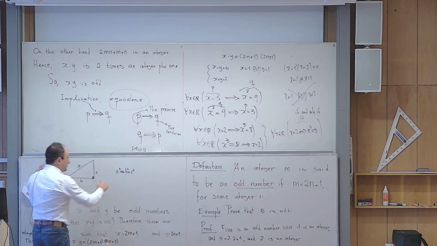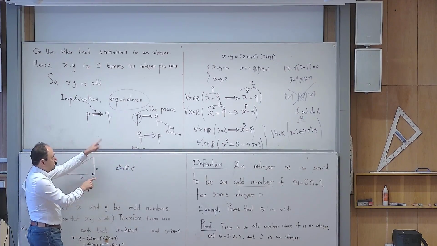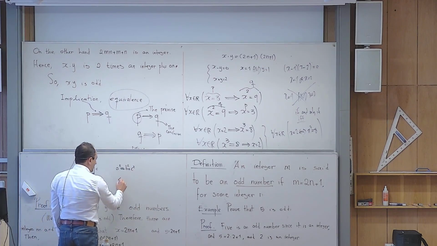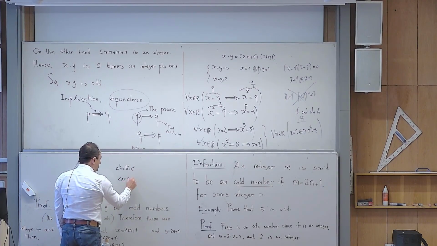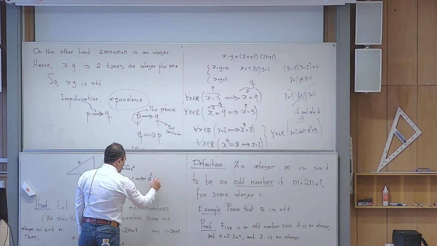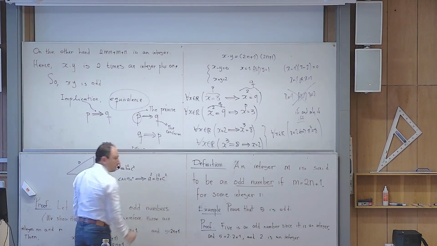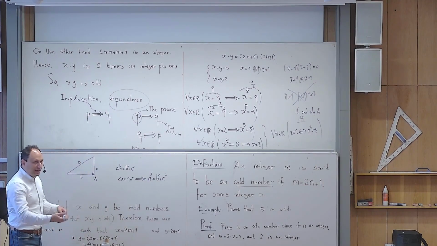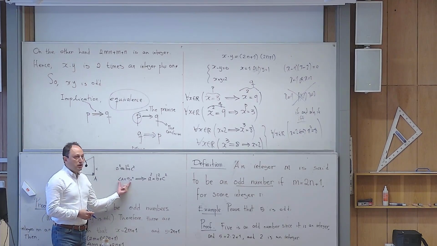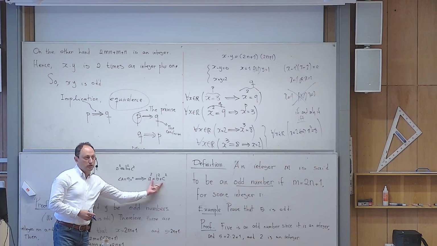So in other words, if I want to write it as the implication language, let me call this angle A. I would say that if angle A is 90 degrees, then A squared is equal to B squared plus C squared. Okay? I have a claim here. I am claiming that as soon as this angle is 90 degrees, this guarantees this equality.